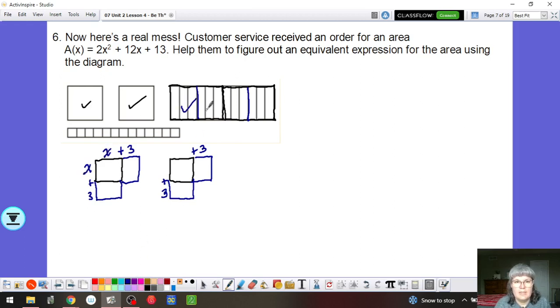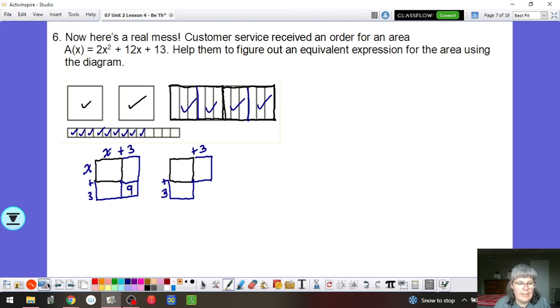So that takes care of all of these. Then they said, well, we need 9 units to complete one of them. So 1, 2, 3, 4, 5, 6, 7, 8, 9. Completed one of them.